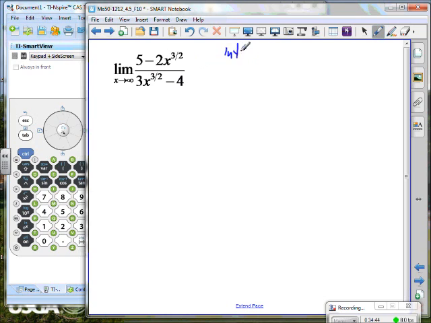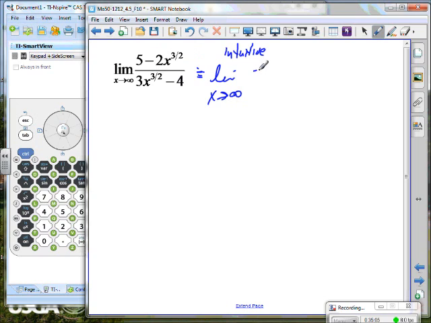Let's do an intuitive approach. This is similar to asking the question, looking at the limit as x goes to infinity of what? In the numerator, what is insignificant as we take x larger and larger?